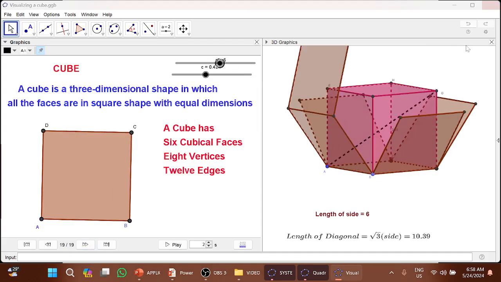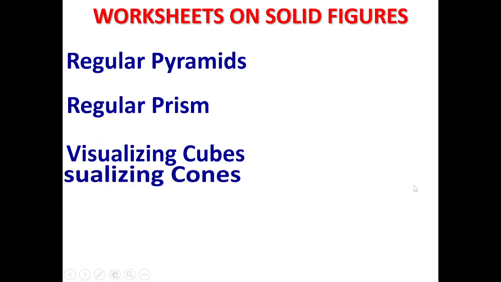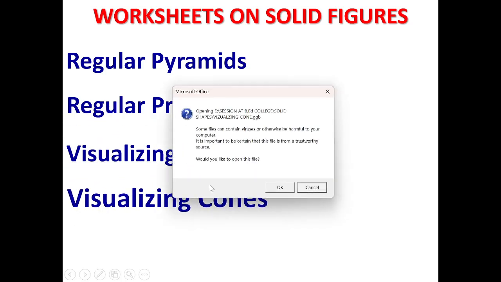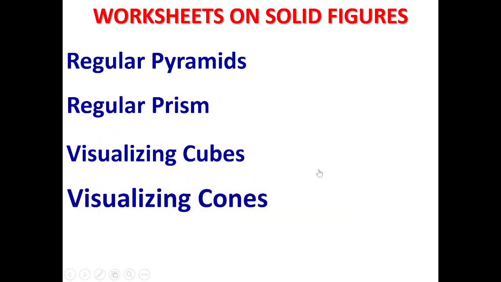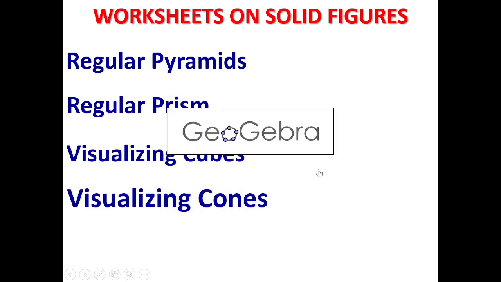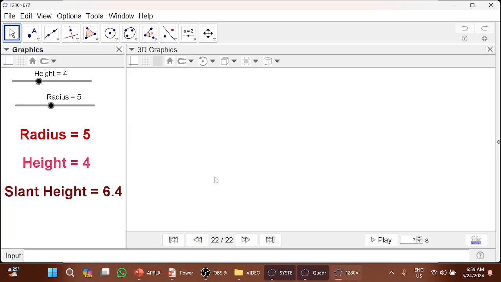Good. Similarly, you can go for visualizing cones. Cones also can be shown. Cylinders can be shown. Spheres can be shown. A hemisphere can be shown. But here, whenever you are making any worksheet on solid figures, not only can you show them the solid figure, by the side of it you can show its calculations also.